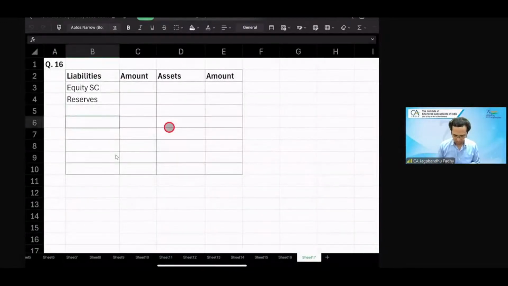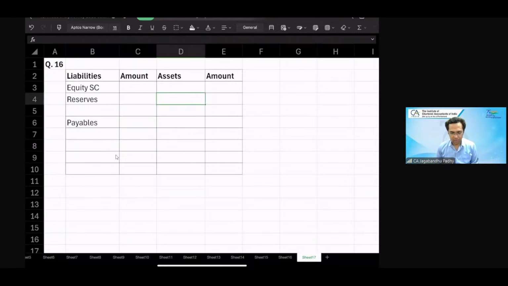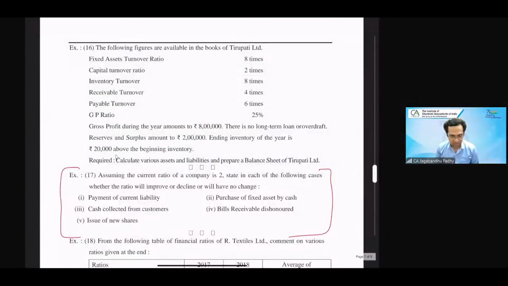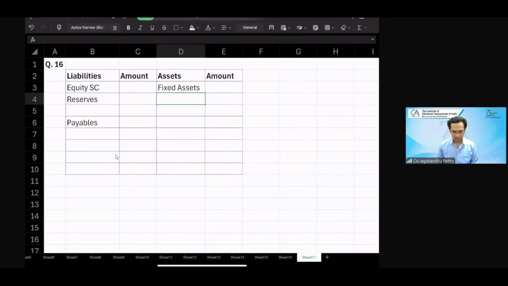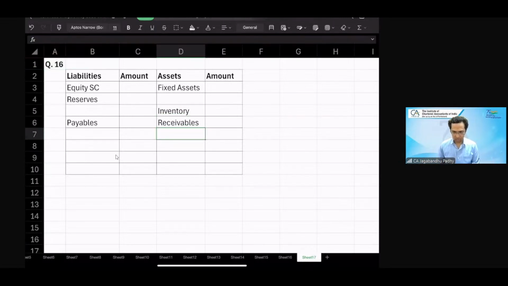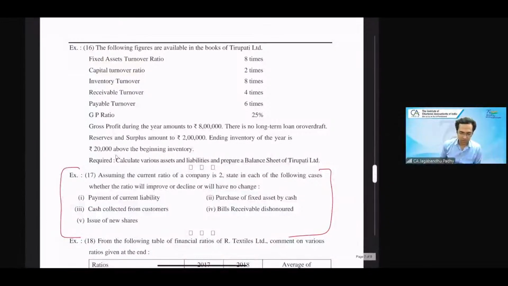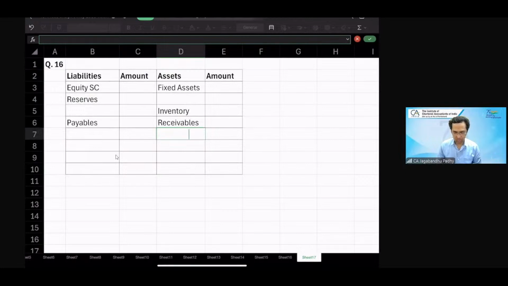Let me write it over here: payables. And on the asset side, we have fixed assets, inventory, receivables, and maybe something called other current assets.